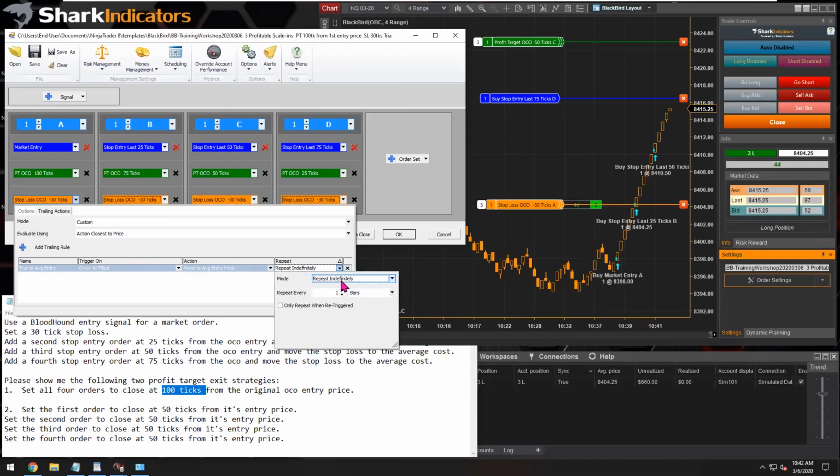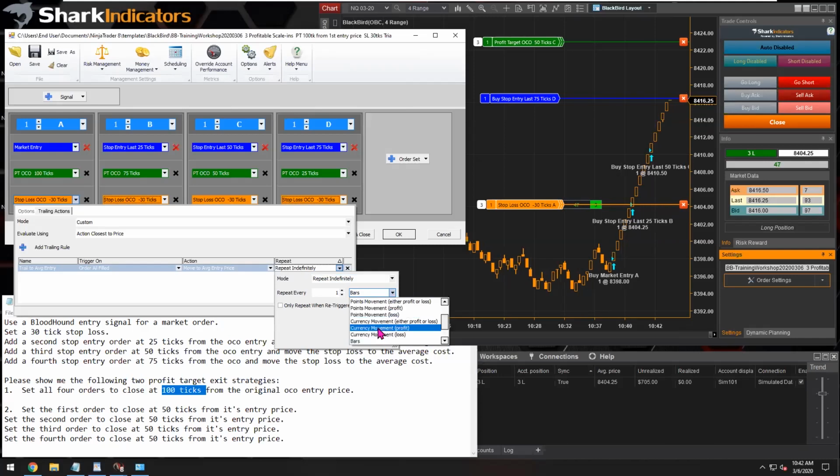So you see I have the repeat, and it's set to once per bar. So I noticed that basically the stop losses were moving up to the average entry price after the bar closed. Yeah, so actually that was my mistake here in not paying attention.